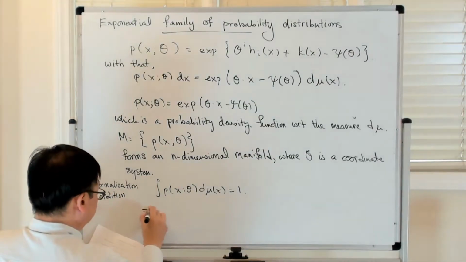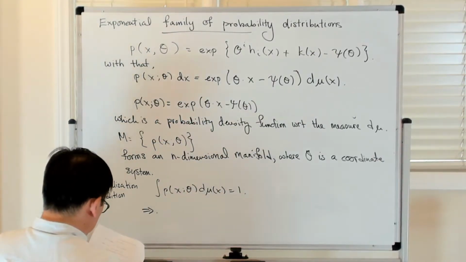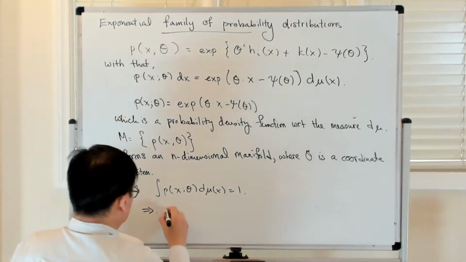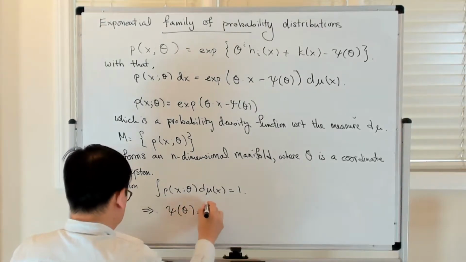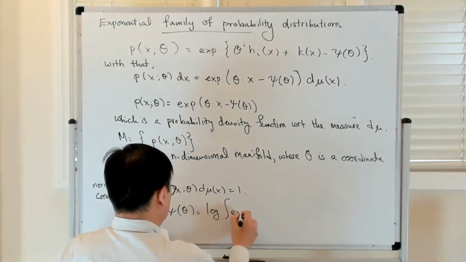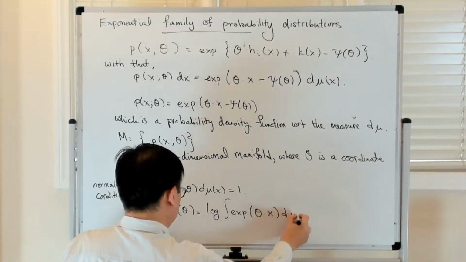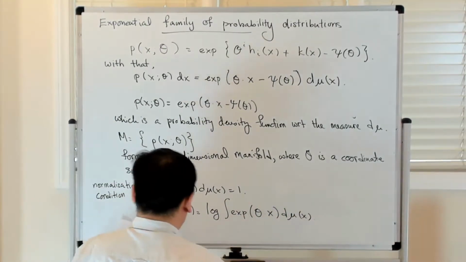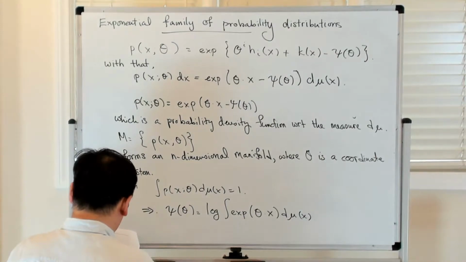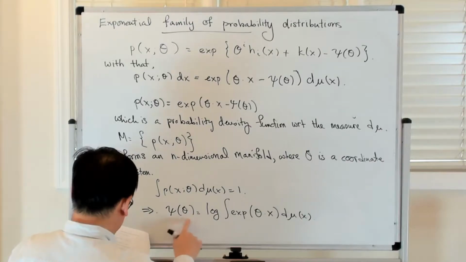This implies, by looking at this expression for p(x), that psi(theta) is equal to the log of the integral of the exponential of theta dot x d mu of x. Okay, so this is a convex function.